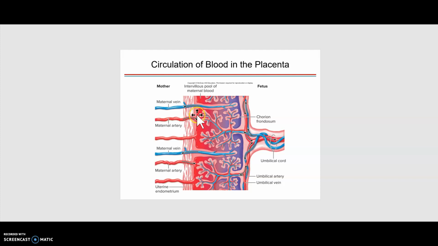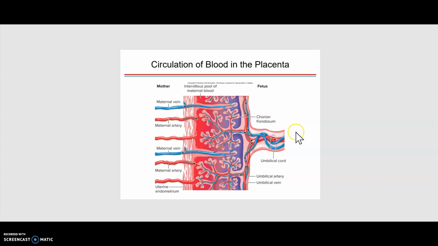Then it would diffuse, and here we begin the maternal veins that would come back up in here. The maternal veins would bring materials from the kid that diffused across, to get rid of through the mother.